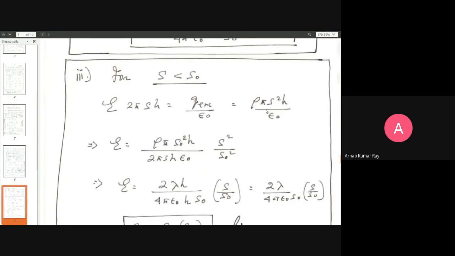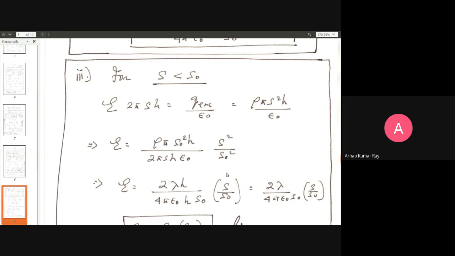And after that, cancellations once again. But I haven't immediately cancelled it. I've written 2 pi sh epsilon naught, rho pi s squared into h, and then s naught squared by s naught squared I have written over here.